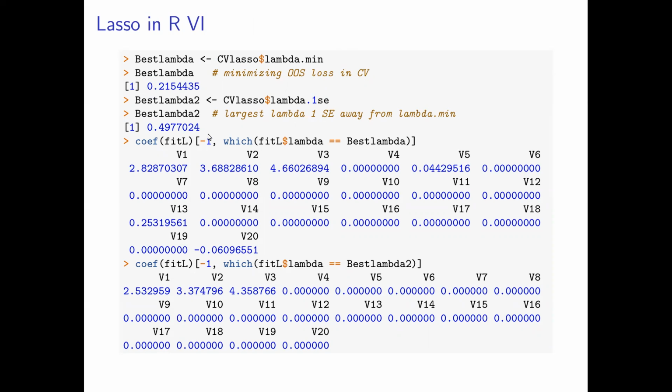As we can see here with the lambda.min, we will still keep 1, 2, even 3 additional parameters in here, even though this is the one which minimizes the out-of-sample loss. Whereas when we take the second one, one standard error away, we only keep the first three coefficients non-zero, and therefore only the first three parameter values, whereas all the others become zero.